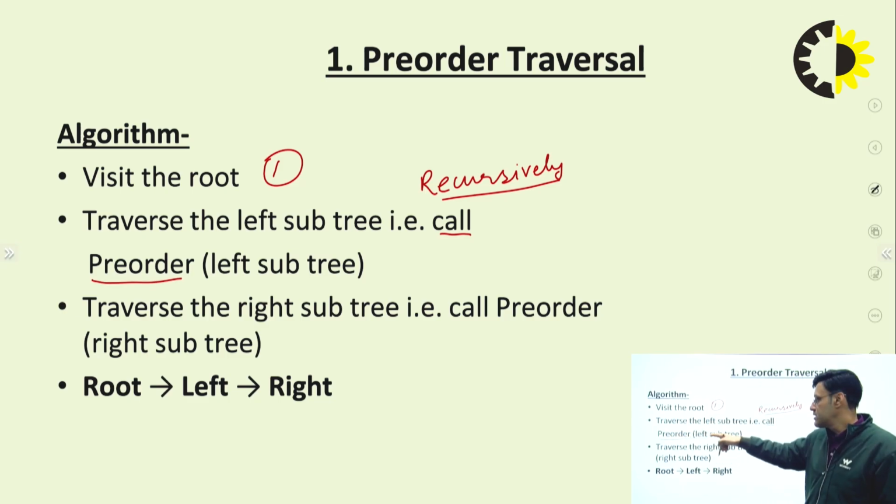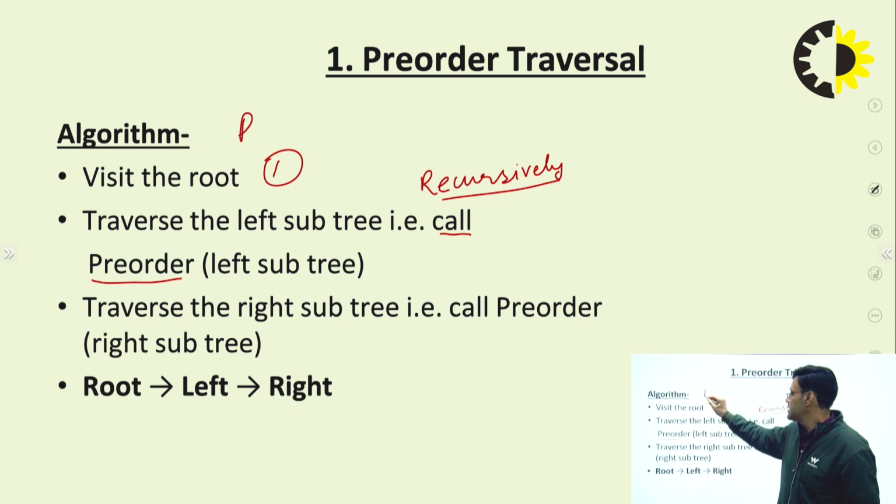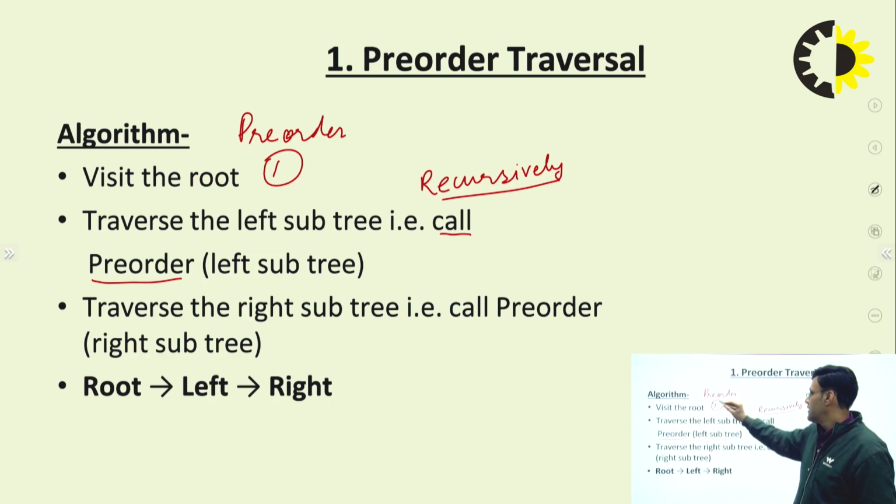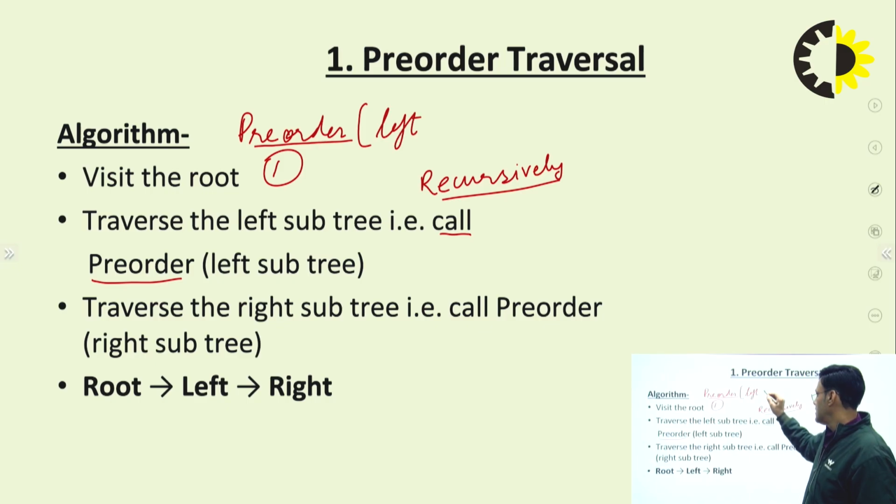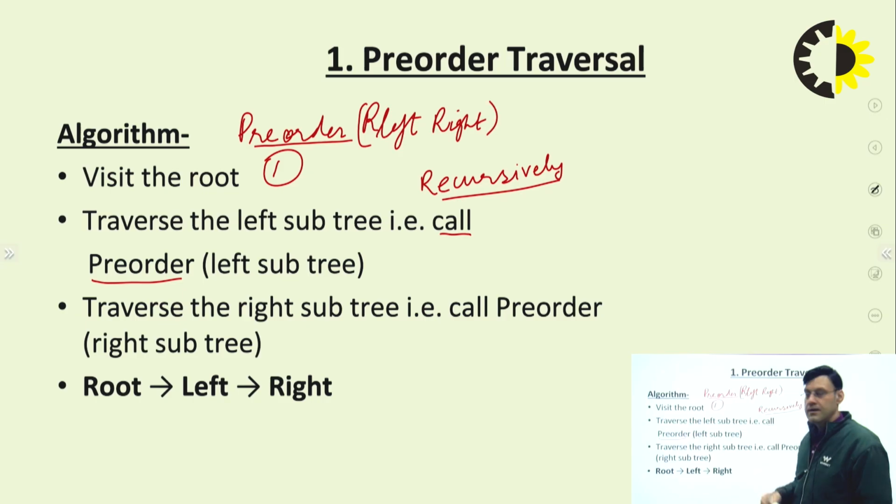The name of this algorithm is pre-order. Okay. This is the pre-order, na: root, then left, then right. Okay, this is pre-order.